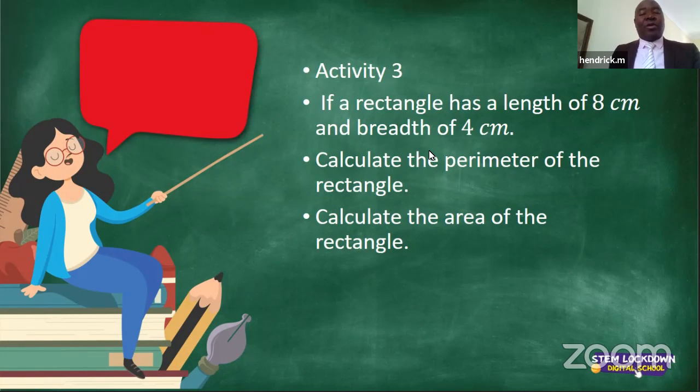Obviously, you have to know the formula. If you don't know the formula to calculate the perimeter, you may not always get it right, unless of course you add all the sides.